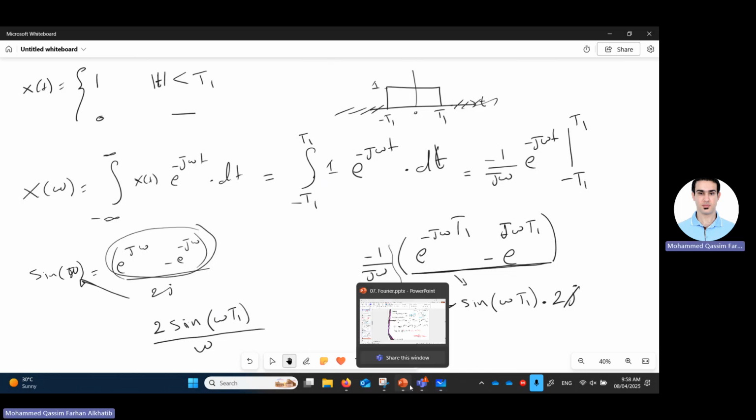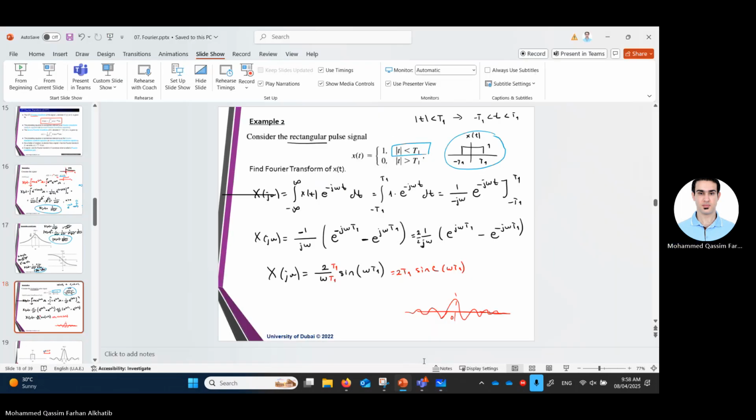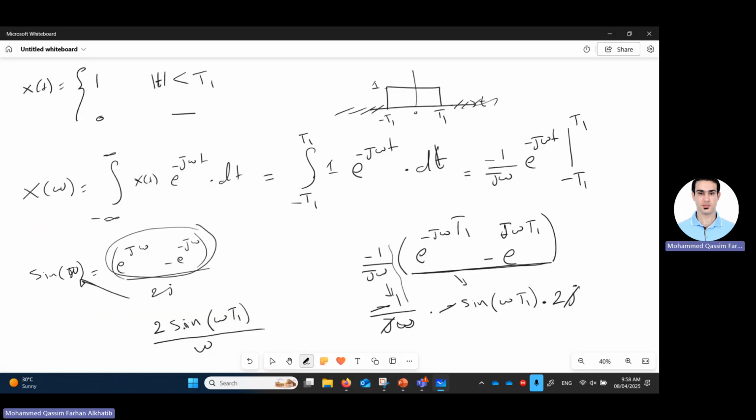Let's confirm our solution here. You will get 2 over omega sine omega t1. All right, so to convert it to a function that we know, we multiply by t1 by t1, and we will get 2 t1 sine omega t1 over omega t1.